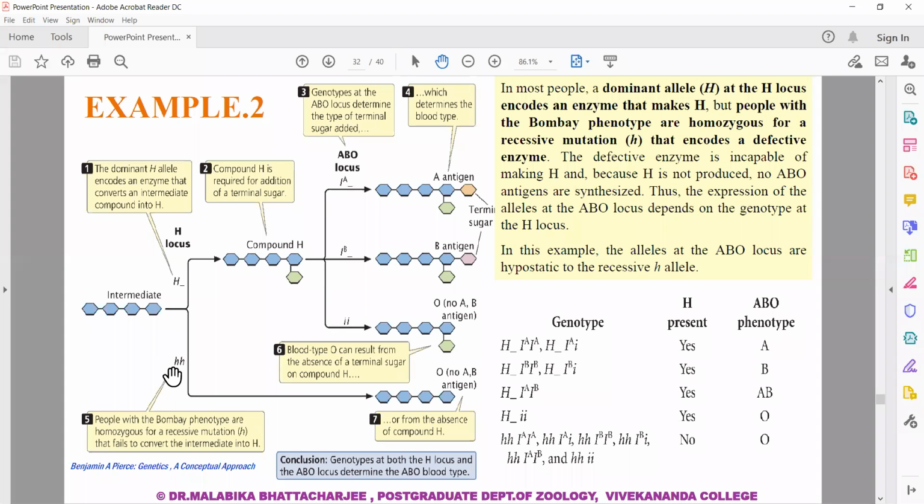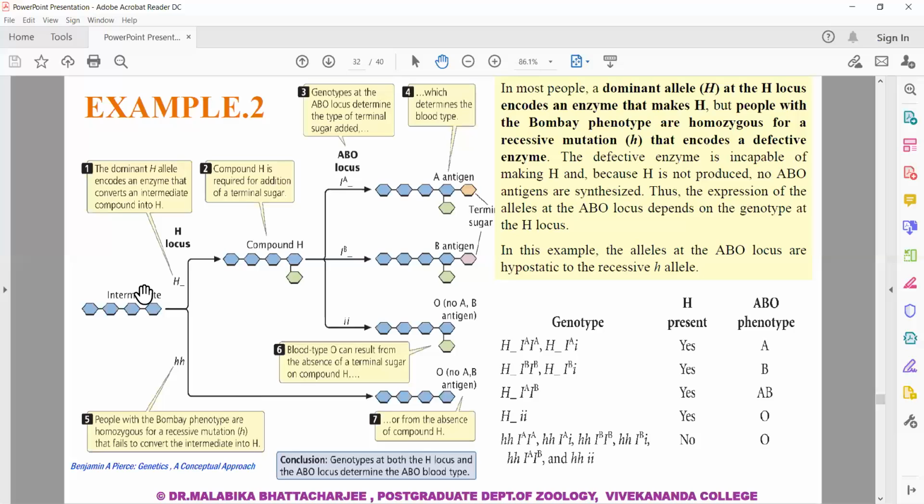So, when there is hh, there is no H compound. So, even if there is an IA allele, no addition of N-acetyl galactosamine. Even if there is the presence of an IB allele, no addition of galactose to the H compound.